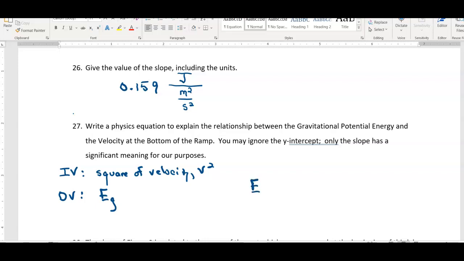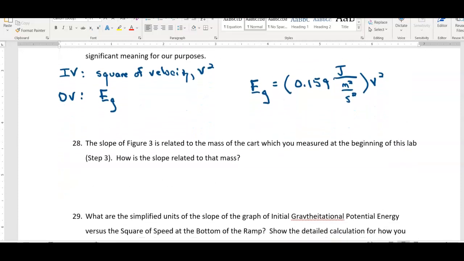Okay, so my gravitational potential energy equals, there we go. I'm just ignoring the y-intercept. It's not real significant to what we're doing. Okay, so we've got a good physics equation.